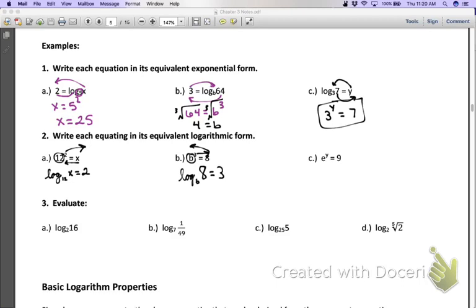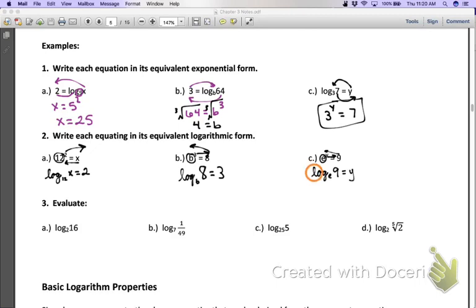Last one. Now, this is e. I'm going to treat this as the natural log of e. So if you have log base e, 9's over, y and the 9 trade places, so there's 9 and then equal to y.